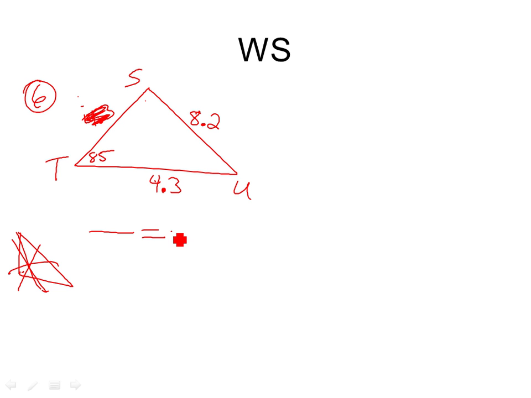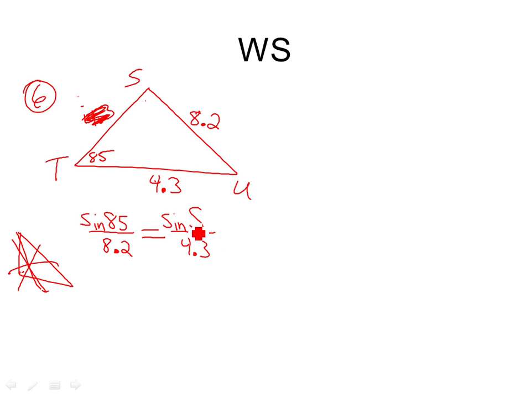So I write my proportion, sine, sine. Pick me an angle. How'd you know to pick that one? That's the only one they told us. What goes down here? 4.3 at the bottom. Then what's S?